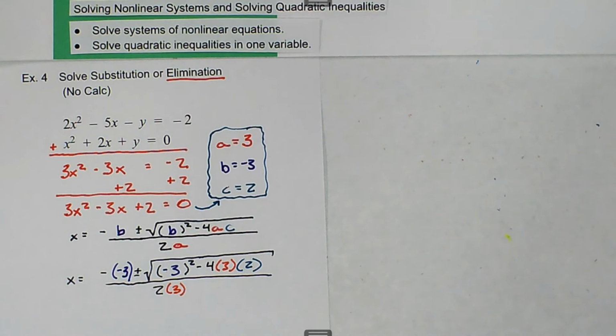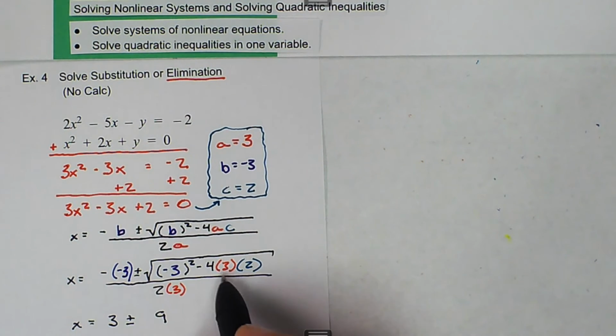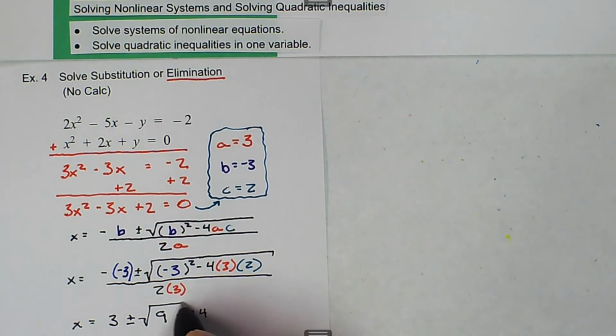And then we can start to simplify. And so negative times a negative, that is a positive. Still have the plus or minus. -3 squared is going to be 9. And -4 times 3 is -12 times 2 is -24.